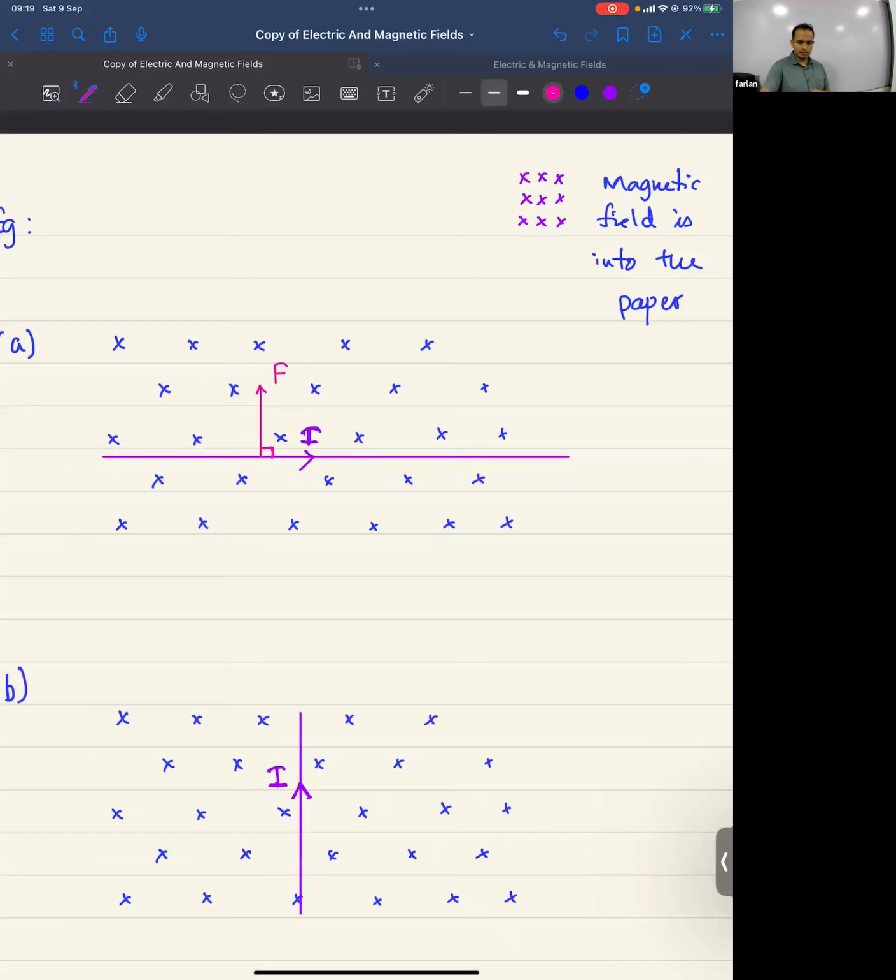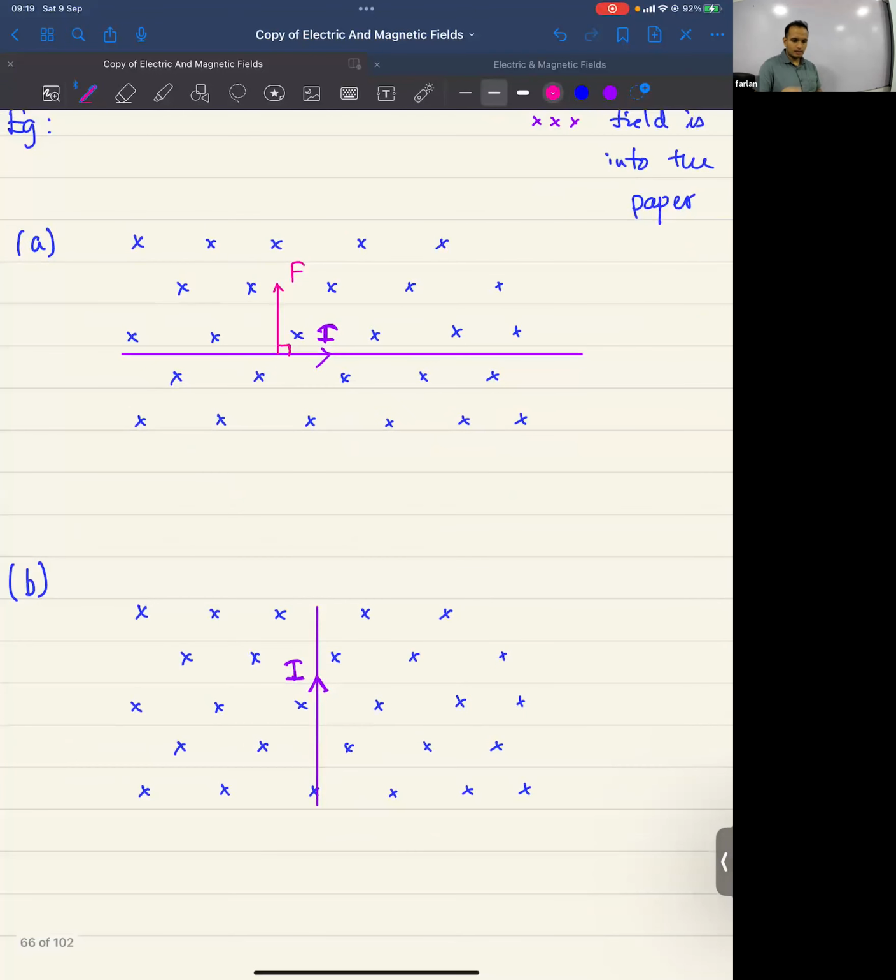Let's try the next example as well. Now the magnetic field B is into the plane. The current is up. Decide which way the force is going to be.